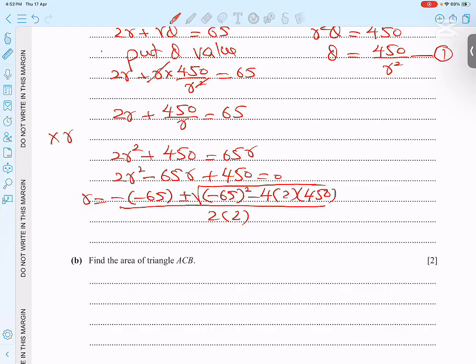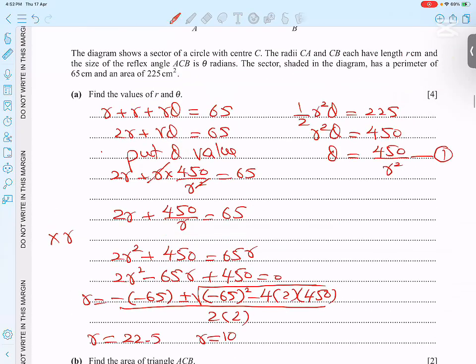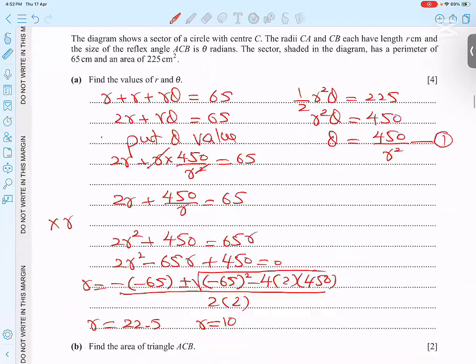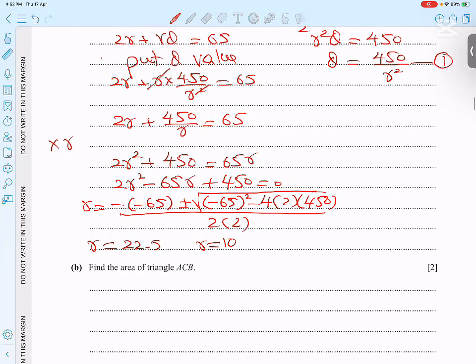A is 2, B is negative 65, and C is 450. So the first R value is 22.5 and the second R value is 10. So we got two values. The radius is 22.5 and 10.